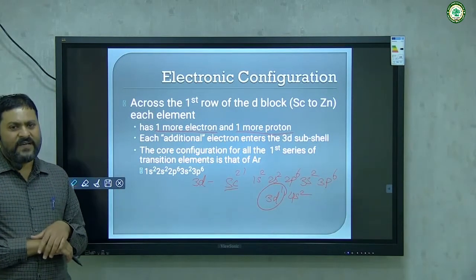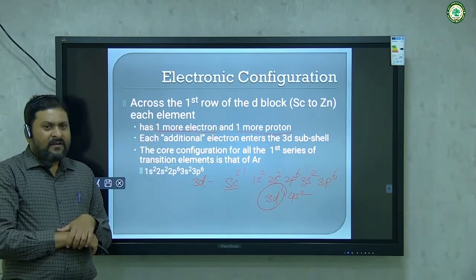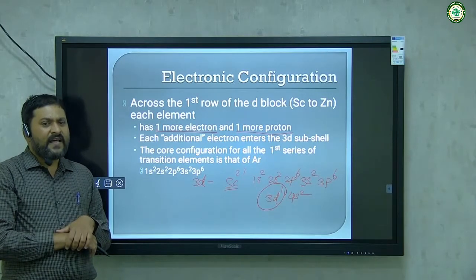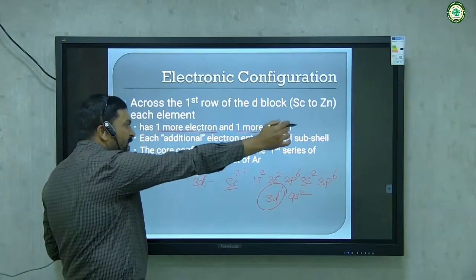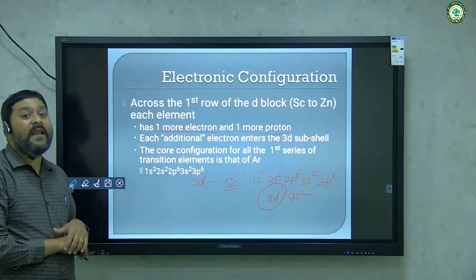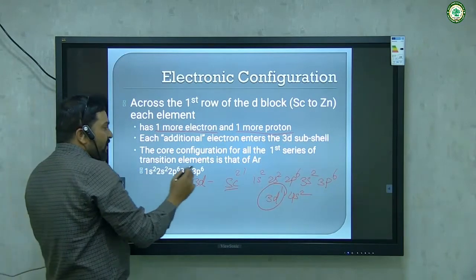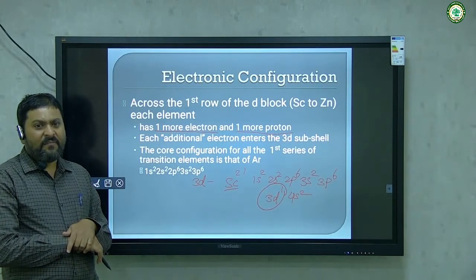Core electronic configuration means the electronic configuration written considering the corresponding noble gas element. For the 3d series, the corresponding noble gas is argon, having atomic number 18.